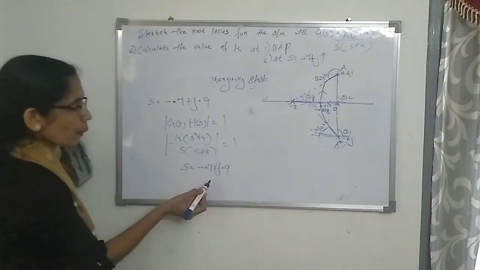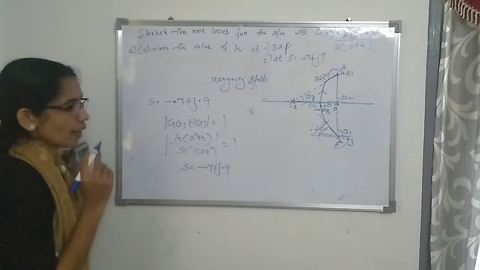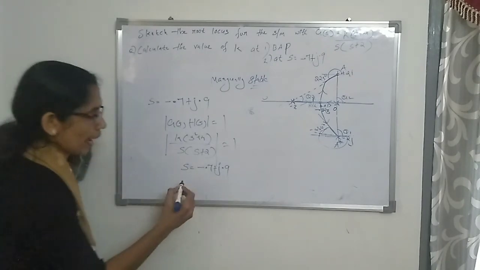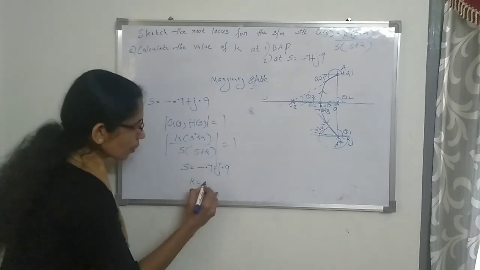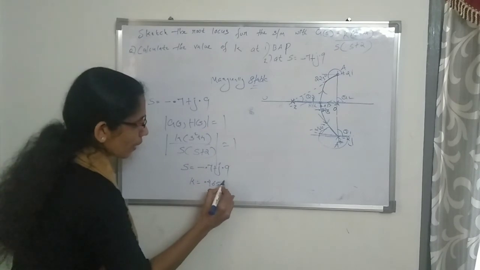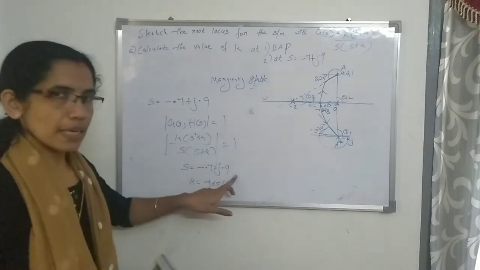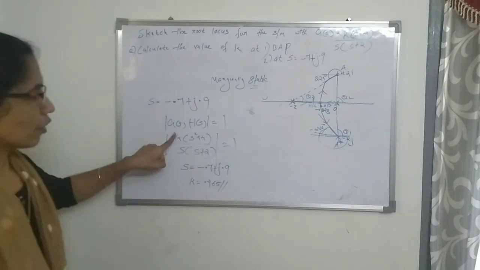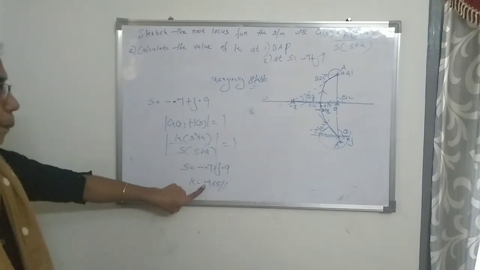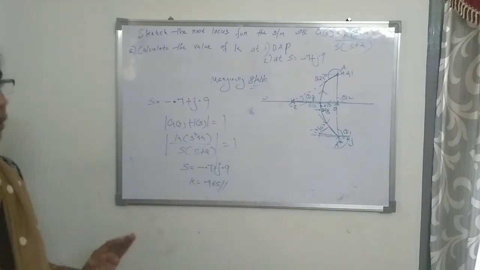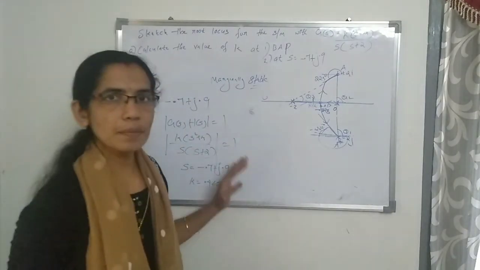Okay, in this equation when we substitute, we got the value of k as 0.465. Okay, that's all about this problem.